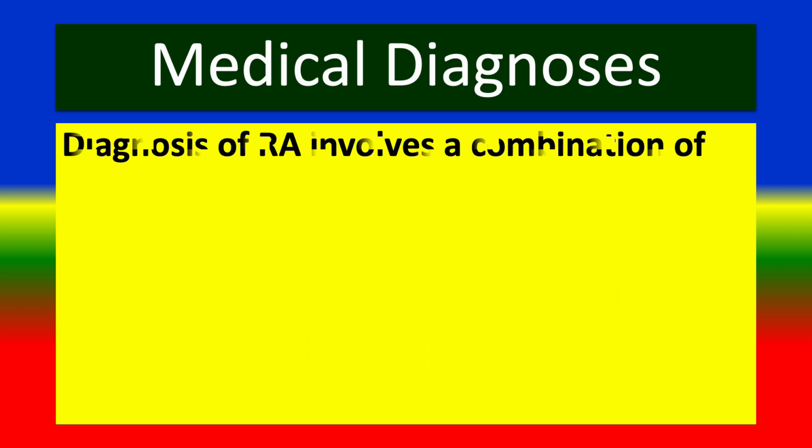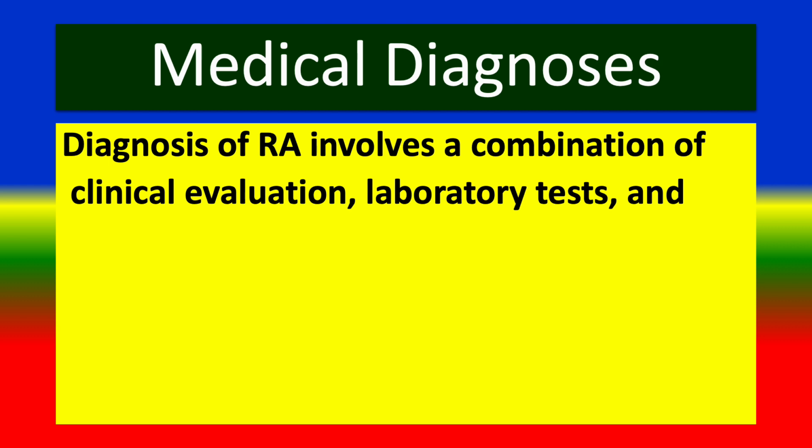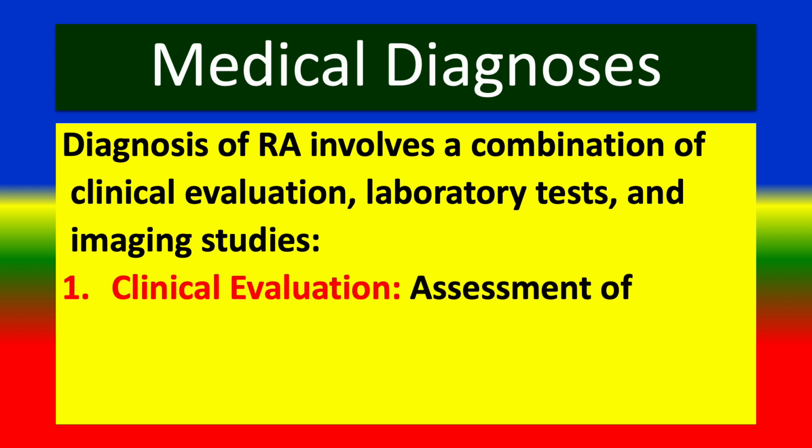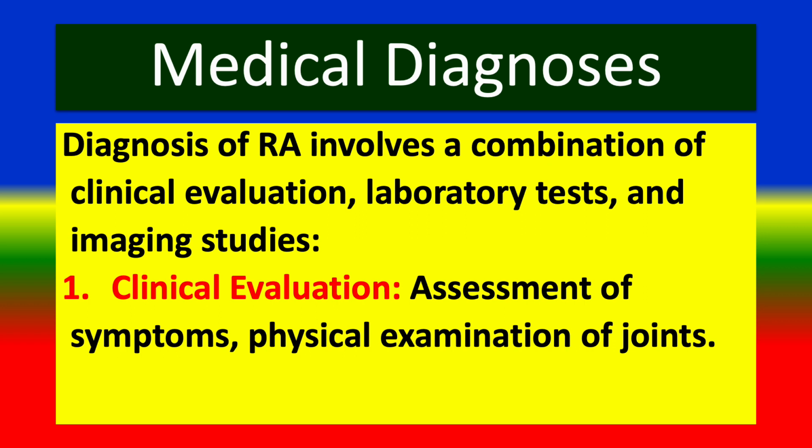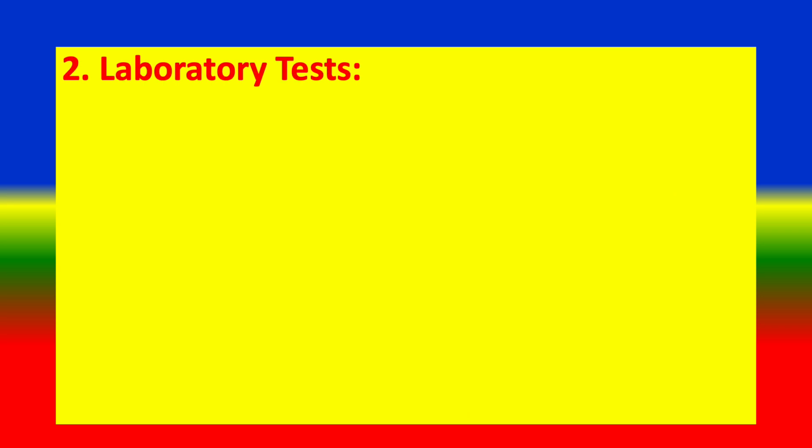Medical diagnosis. Diagnosis of rheumatoid arthritis involves a combination of clinical evaluation, laboratory tests, and imaging studies. 1. Clinical evaluation. Assessment of symptoms, physical examination of joints. 2.